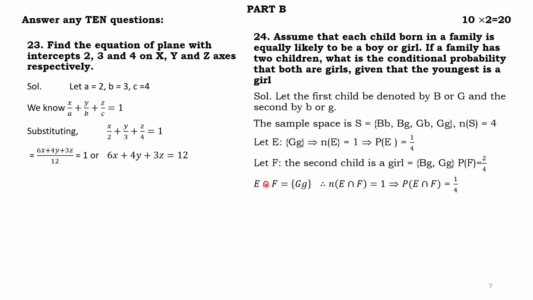Therefore, for E intersection F, you see the common point is capital G, small g. So the number of times of E intersection F is 1, so the probability of E intersection F is 1 in 4.